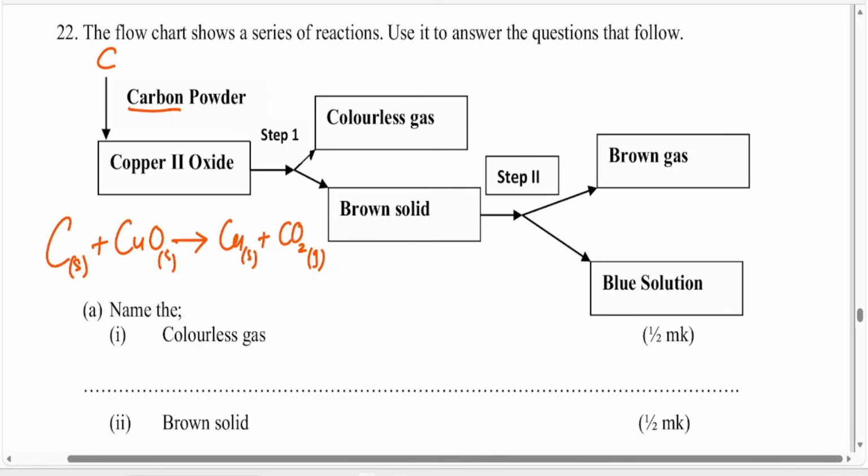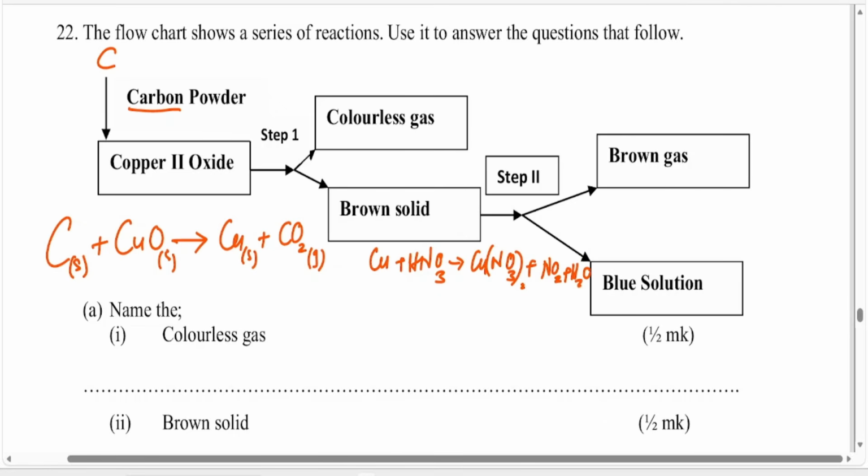We need to notice that here we have copper solid reacting with nitric 5 acid, and we form copper 2 nitrate. Then we obtain nitrogen 4 oxide gas, and at the same time we obtain water.